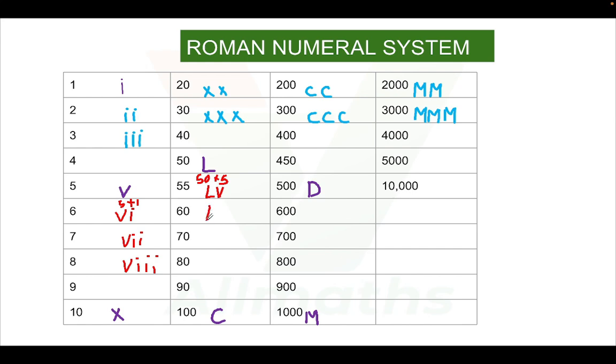You can also have L with another smaller number, which is X. L X is 60, L X X is 70, L X X X is 80. You can form 51, which is L and I. You can form 56 now, which is L, then you come for the 6, V I, and you have formed your 56.